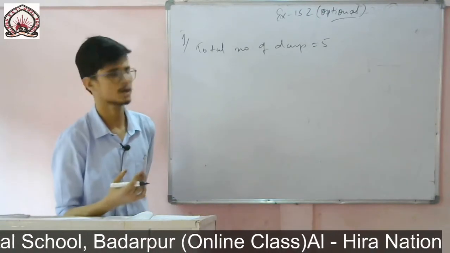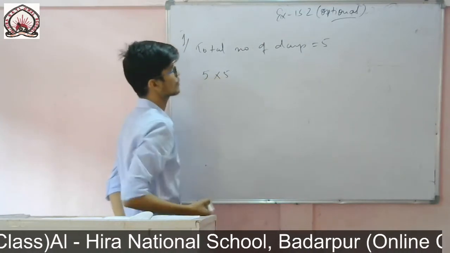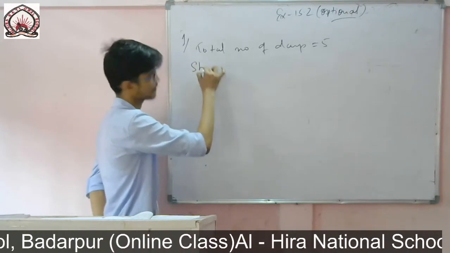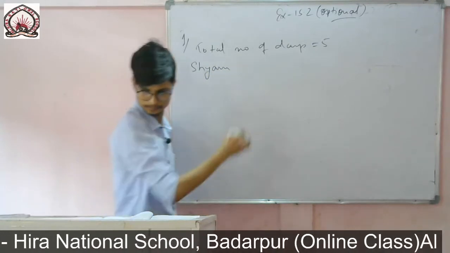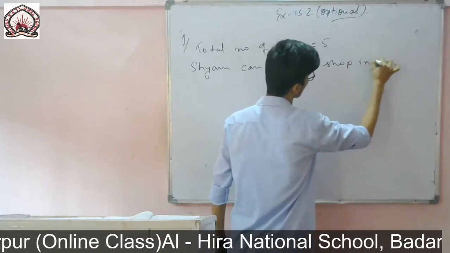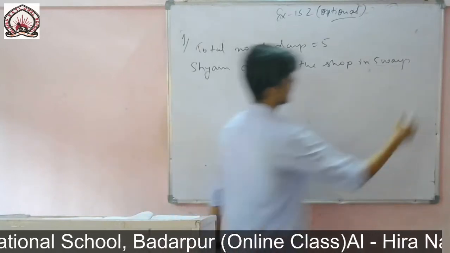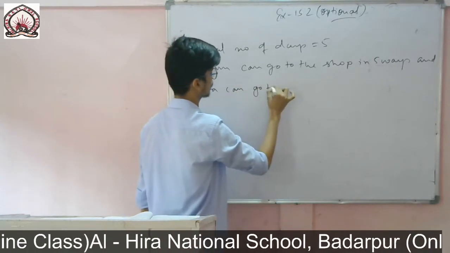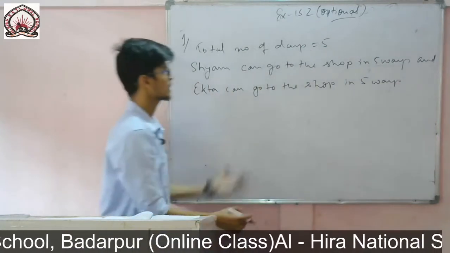So the total possible outcomes: Shyam, the first person, can go to the shop in 5 ways, and Ekta can also go in 5 ways.